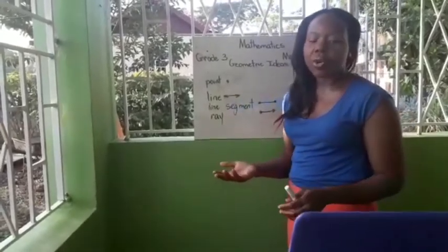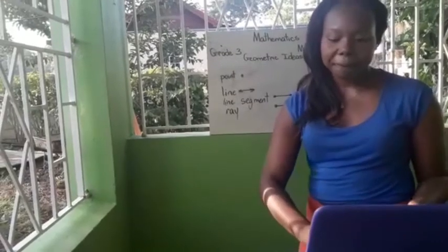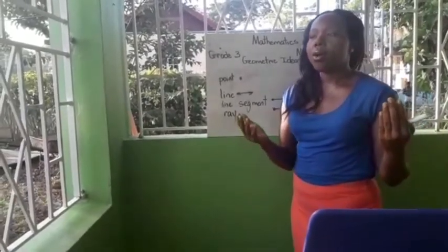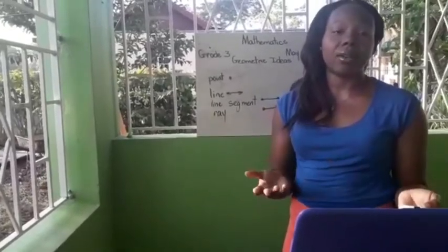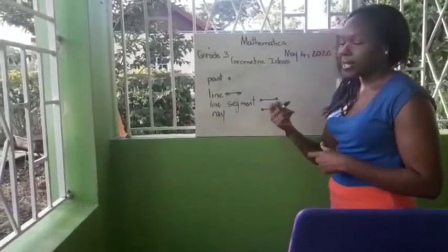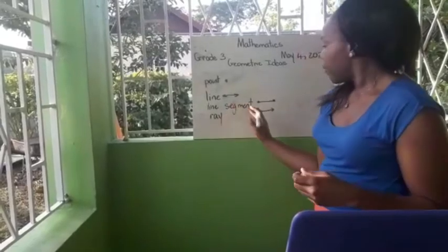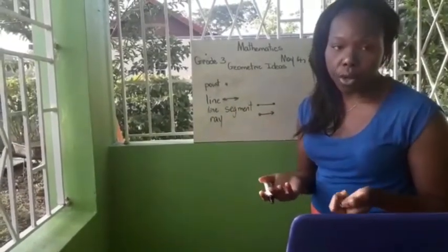Likewise, a ray shows us directions to places. Say, for example, you're going to a community, but you have no idea where the community is located. Usually on the road, you'll see road signs. And these road signs, they are rays, showing you directions to the place you want to go.